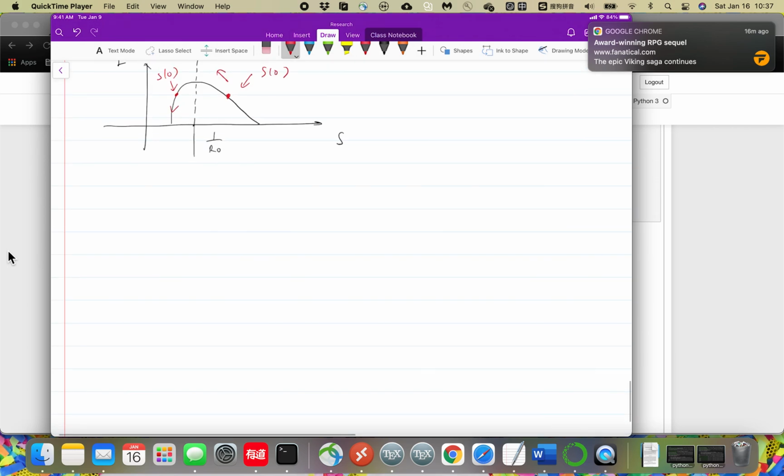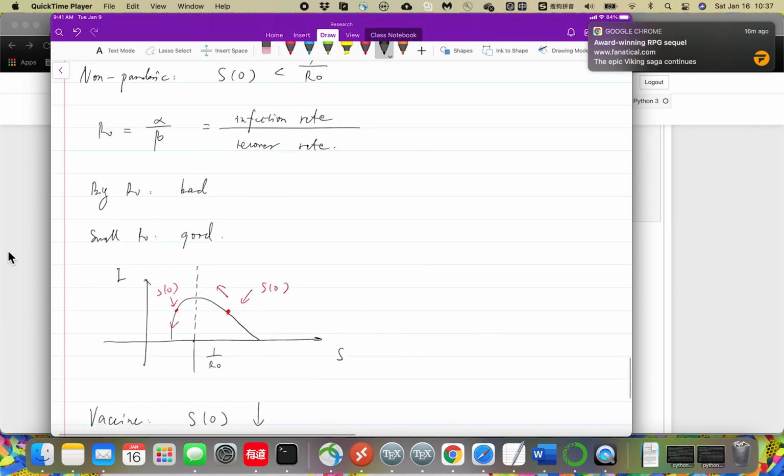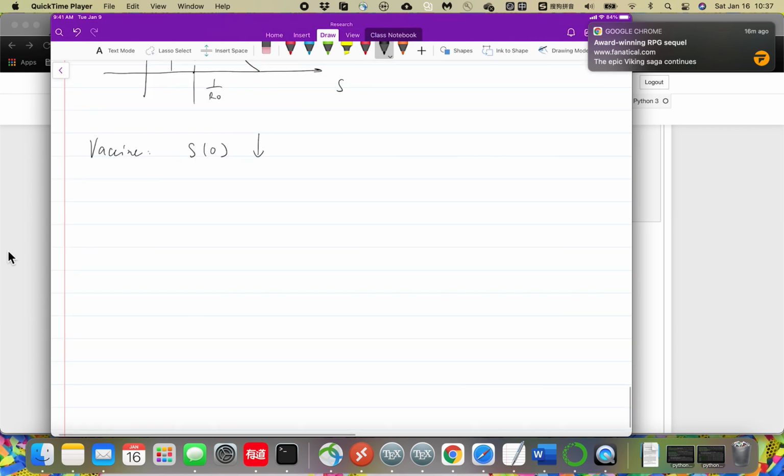All right. So what does vaccine do? Vaccine will take your S0 and make S0 drop, because as long as you got injected with the vaccine, you will not be susceptible anymore, right? So it's very possible that you have S0 bigger than 1 over R naught, which is going to have a pandemic.